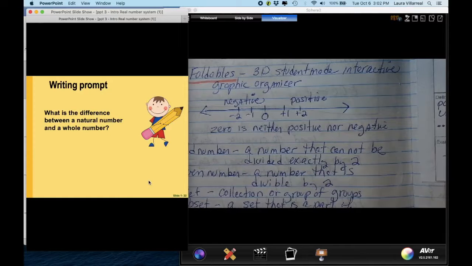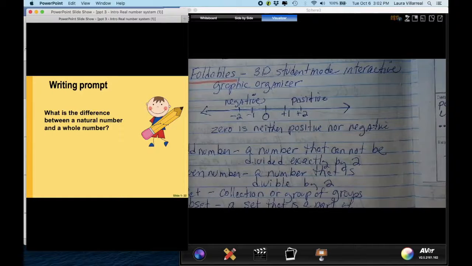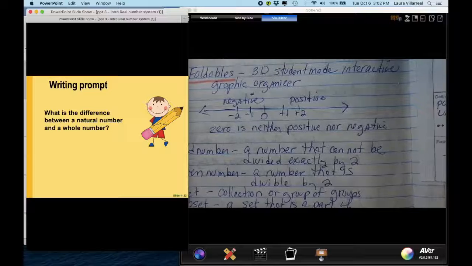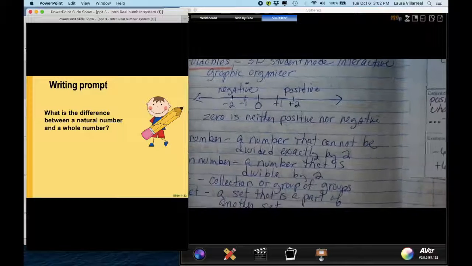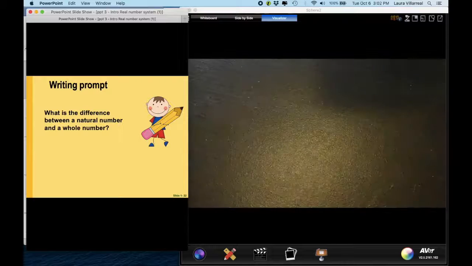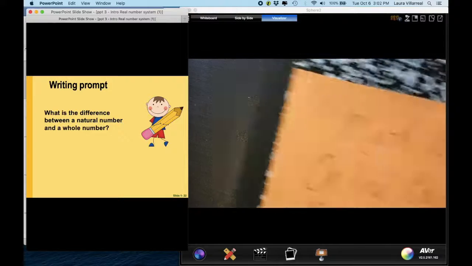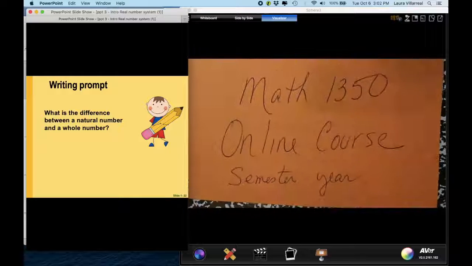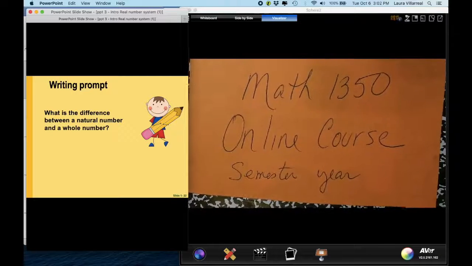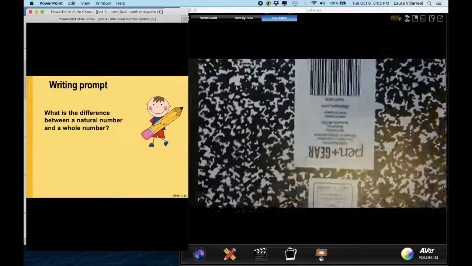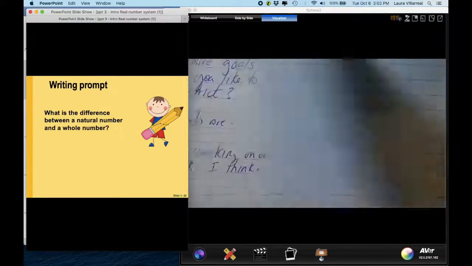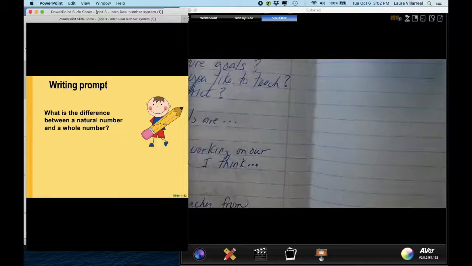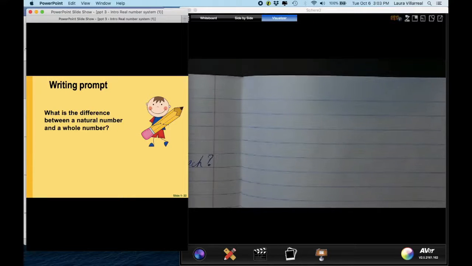Okay, now that we have finished this unit, let's go ahead and go to the back of our notebook and complete a prompt. So here's my composition notebook. We're going to turn it upside down. Now you're going to be either on page 2 or even on page 3 by now.